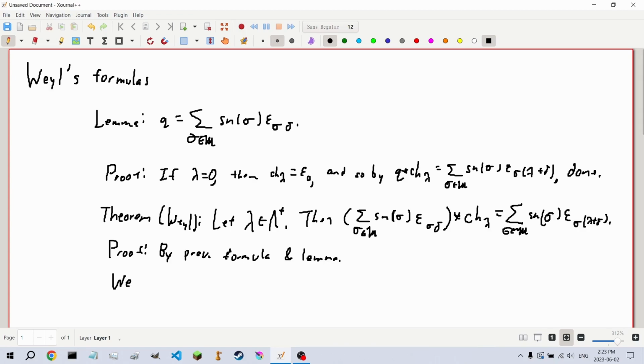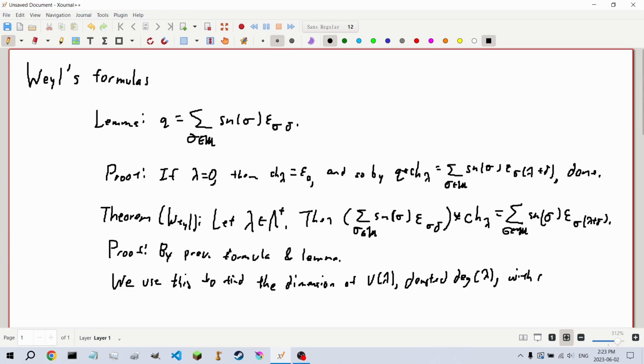So we can use this to find the dimension of V lambda, which we denote as the degree of lambda, and then it's clear from that the degree of lambda is the sum over mu in pi lambda of m lambda of mu.